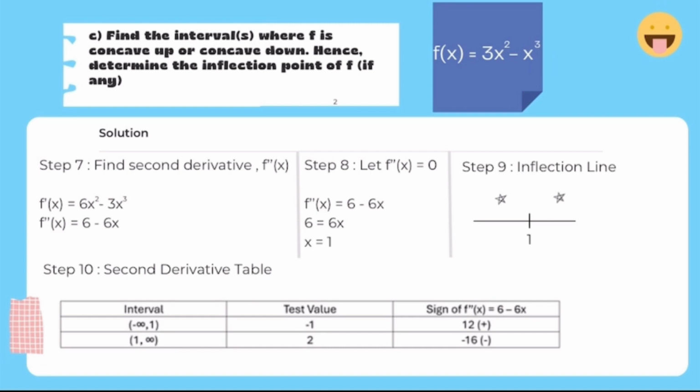After that, we will substitute the number into the function, and we will get 12, which has a positive sign. And the next interval is from 1 to the right side of the number.